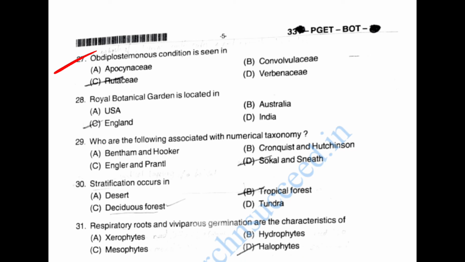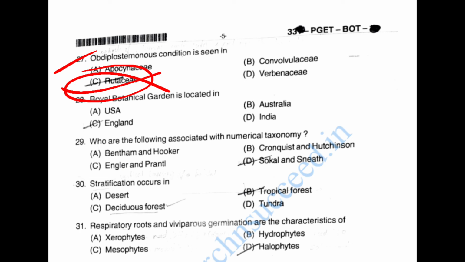Obdiplostemonous condition is seen in. Okay, you'll have to find out that family in which obdiplostemonous condition can be found. And the answer is Rutaceae, that is C. Correct answer is Rutaceae, in which obdiplostemonous condition can be found.